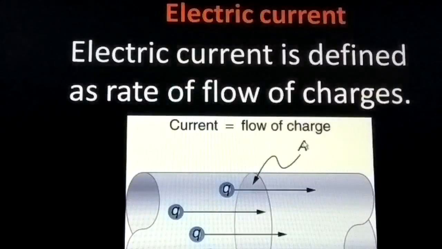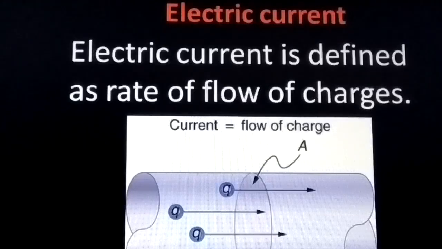Now students, what is meant by an electricity, or what is meant by an electric current? Electric current is defined as the rate of flow of charges. Students, observe, listen to me.